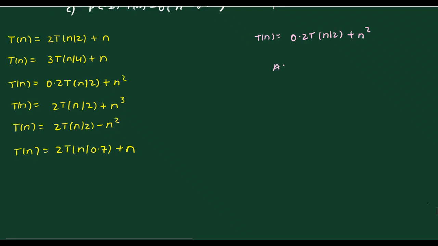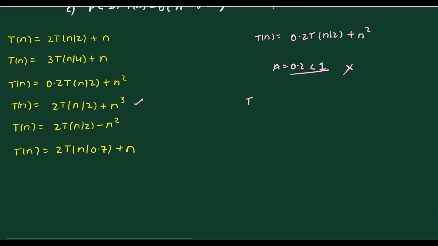So a is 0.2, which is less than 1, right? It implies that your Master's theorem is not applicable. So again I will repeat, please see that the constraints that we wrote are satisfied before applying the Master's theorem. For the next question, I will leave this one as homework, as this is just a simple application of the formula.